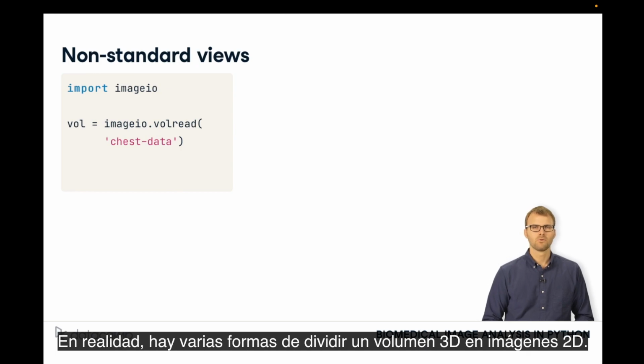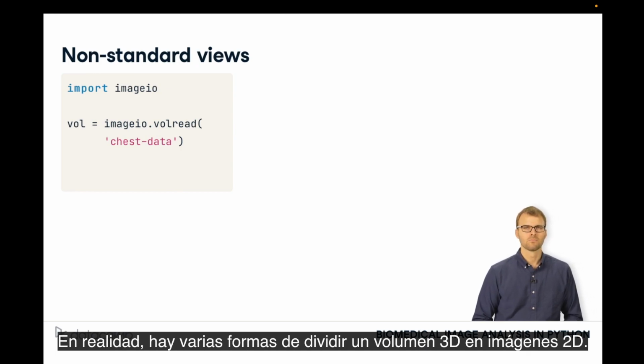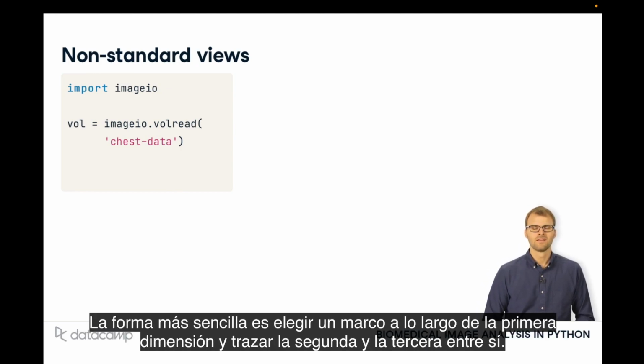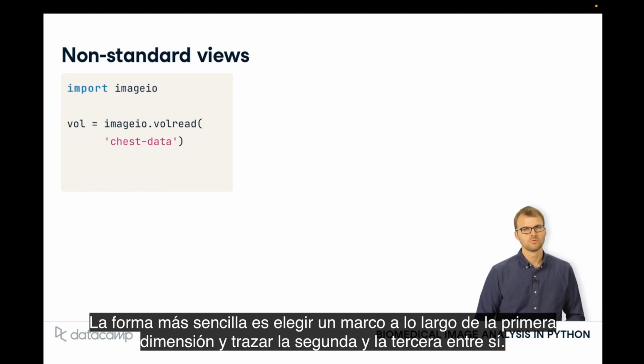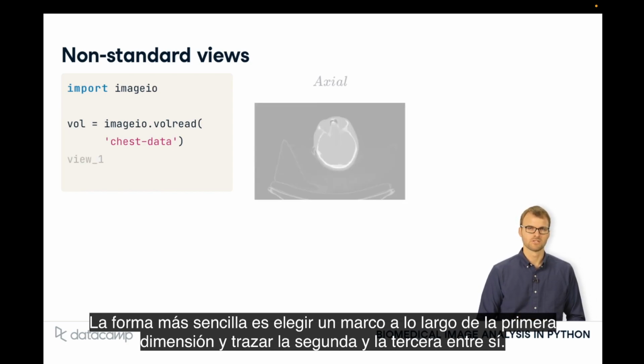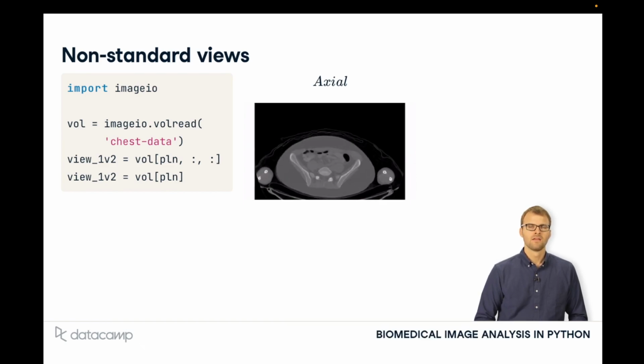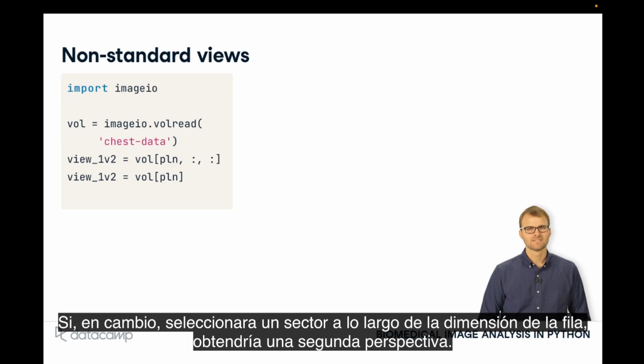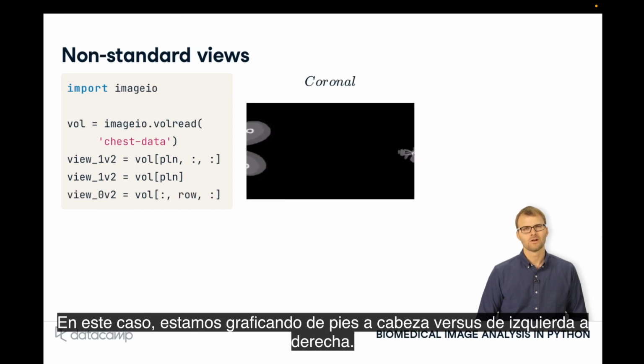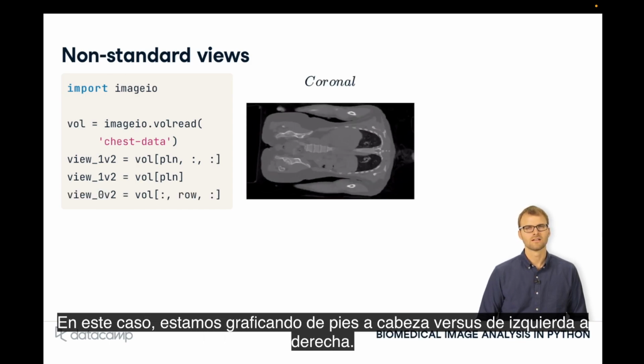There are actually multiple ways you can slice a 3D volume into 2D images. The simplest way is to choose a frame along the first dimension and plot the second and third against each other. If you instead selected a slice along the row dimension, you would get a second perspective. In this case, we are plotting head to toe versus left to right.